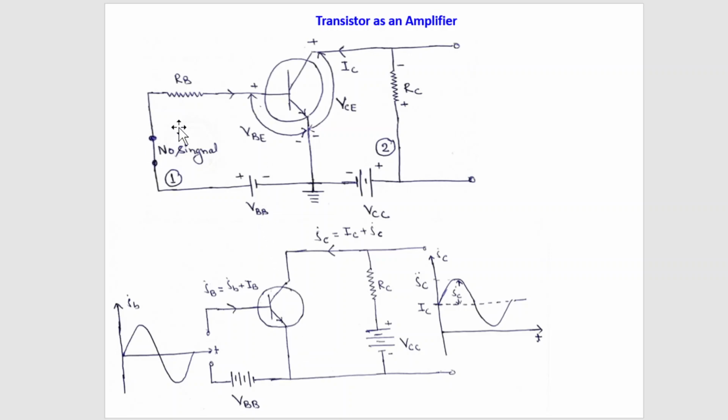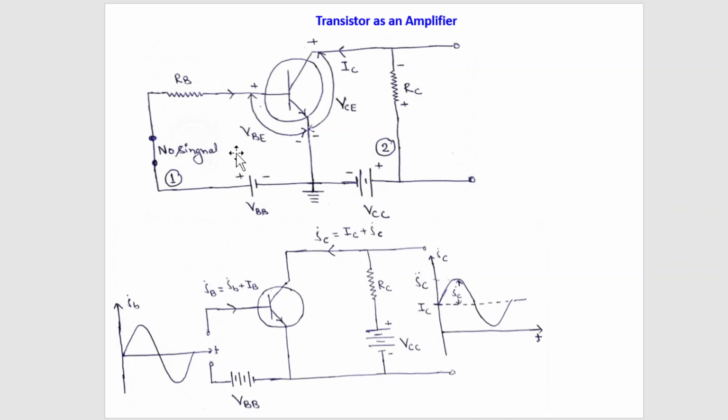First of all, when we have not applied any signal and there is only the DC power supply, then corresponding to this DC power supply there is an input current, that is the base current, which we have denoted as capital I capital B, and corresponding to that input current we have a collector current, capital I capital C. Then we have voltage drops: capital V capital CE, the collector emitter voltage drop, the base emitter voltage drop, and similarly the base collector voltage drop.